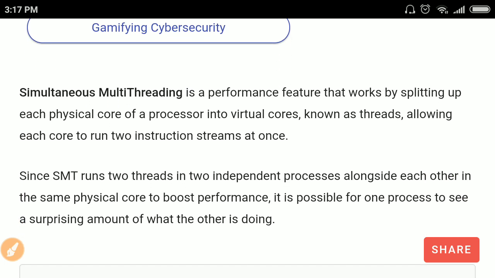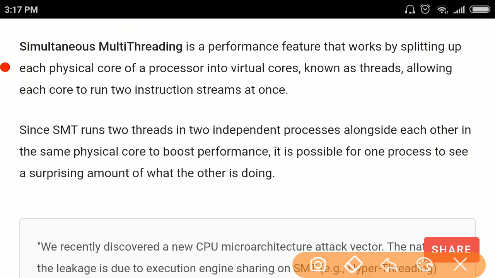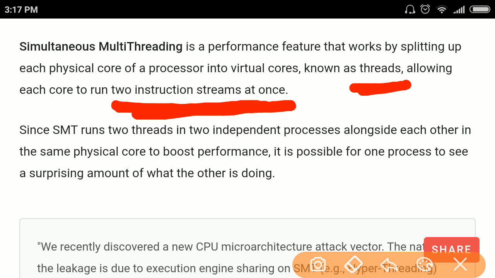They say that this SMT feature works by splitting up a physical core of a processor into virtual cores. Now, these virtual cores are known as threads, and therefore it lets you run two instruction streams on one physical core.